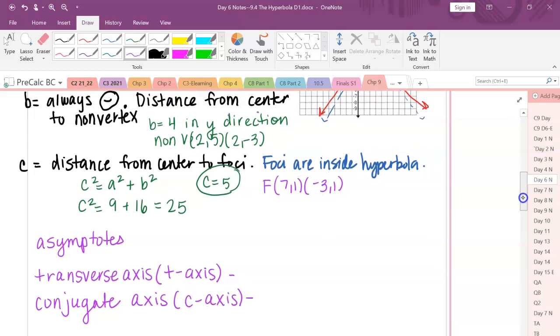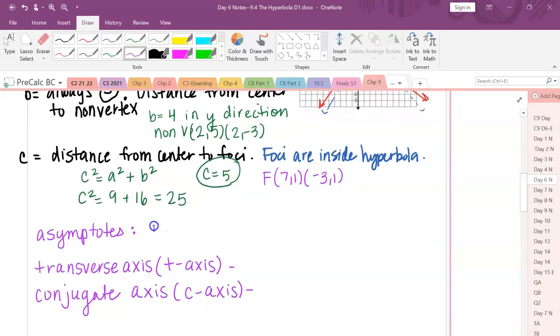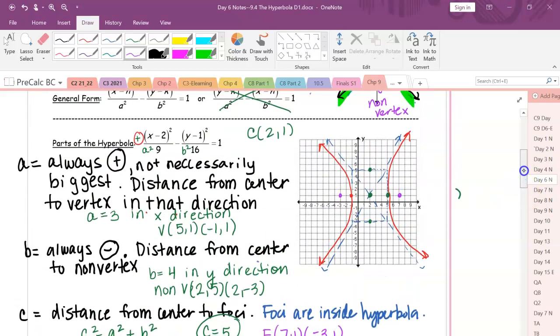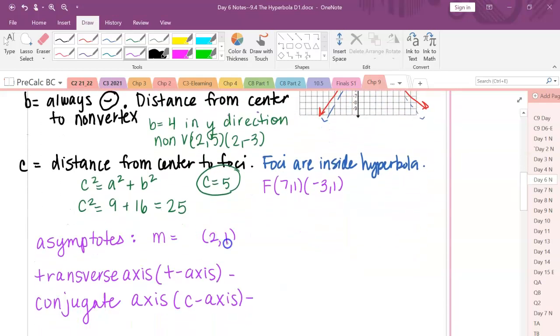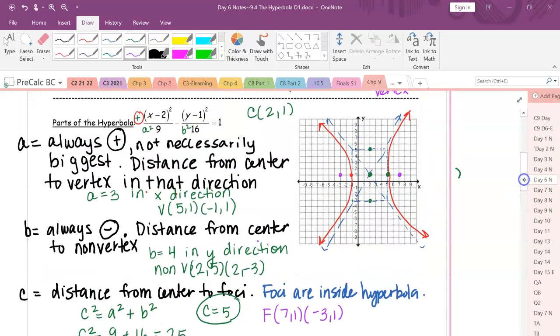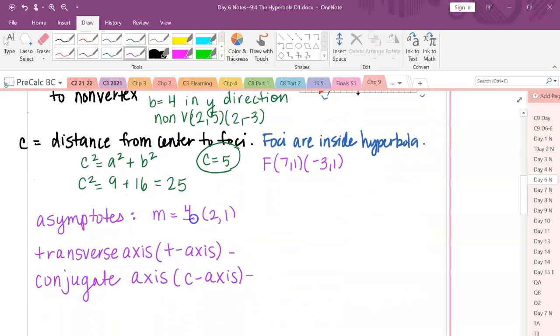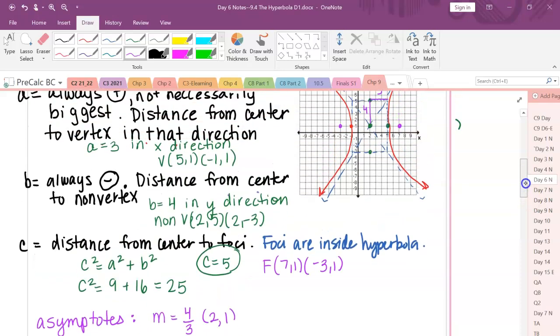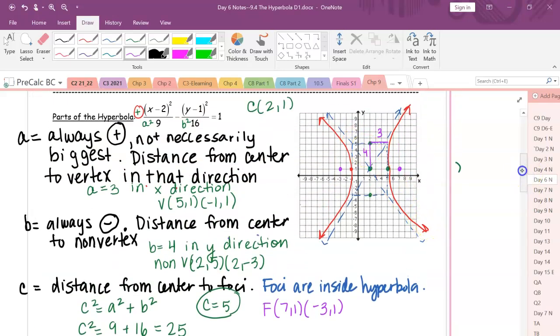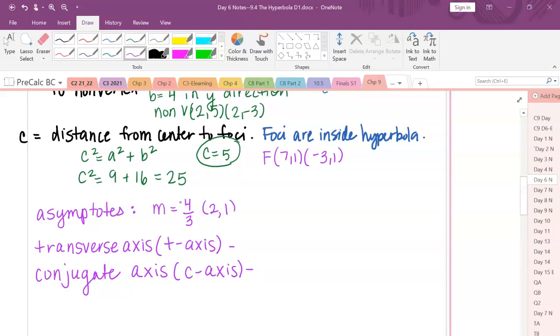So for the asymptotes, the information that you need is a slope and a point. And fortunately, you have both of those things. The point that we're going to use for our asymptotes is the center, so that's (2, 1). And the slope we can find with our a and our b value. So just count from the center up how many. We went up 4, and over how many. We went over 3. So our slope is 4/3. However, because you have this asymptote going the other direction as well, we also have a slope of negative 4/3.